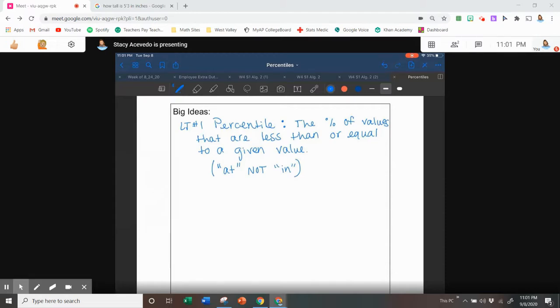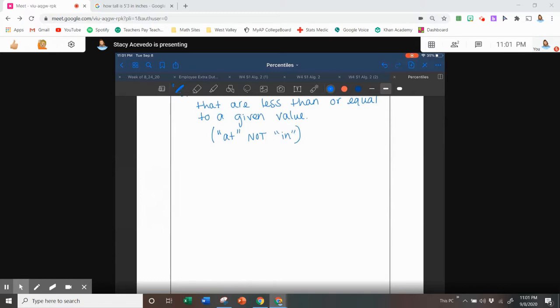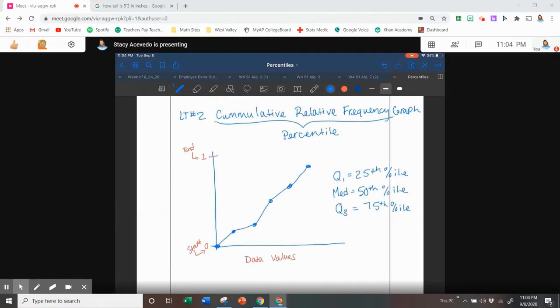And in regards to learning target number 2, I figured instead of having you watch me write out learning target number 2, having it already written and then explaining would be a lot nicer and more efficient for time.